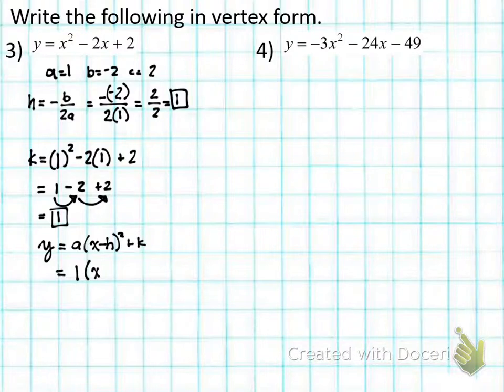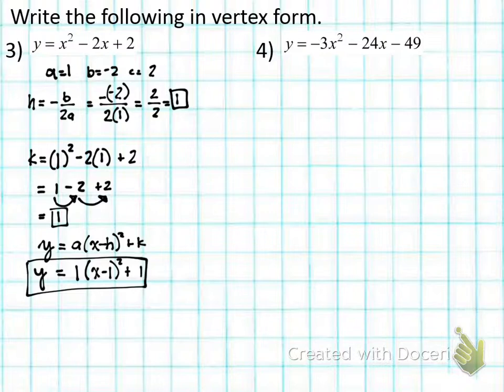We said h is equal to 1, so we got x minus 1 squared plus 1 for k. We could simplify that, but that's it. Put a y at the end, like so, and we're done. Y is equal to 1 times x minus 1 squared plus 1.